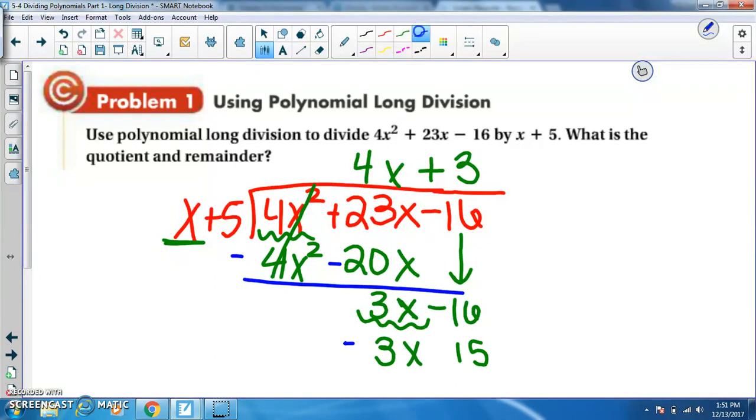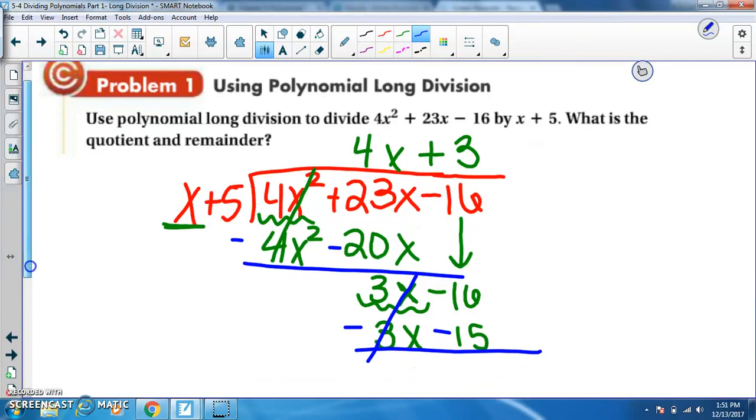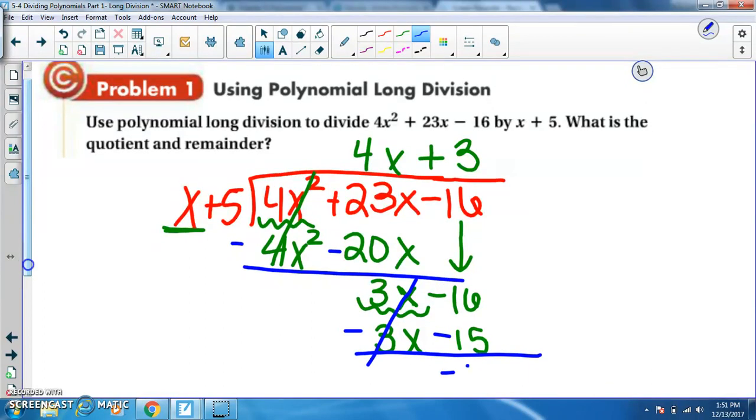Once again, need to subtract these. 3x minus 3x cancels. Negative 16 minus 15 is negative 31. So here our quotient is 4x plus 3, remainder negative 31.